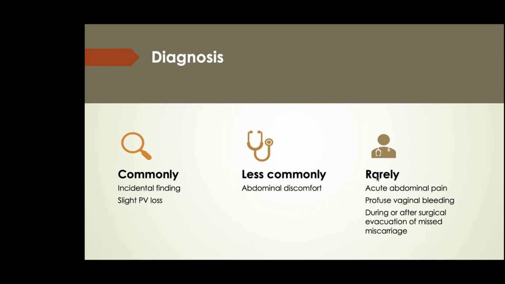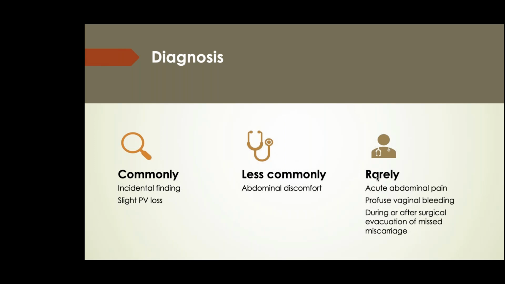Sometimes the patient can have some abdominal discomfort, and rarely there's acute abdominal pain or profuse vaginal bleeding. And we have seen some of these presentations. You go and do evacuation of the uterus for a presumed missed miscarriage, and you find massive vaginal bleeding during the operation.